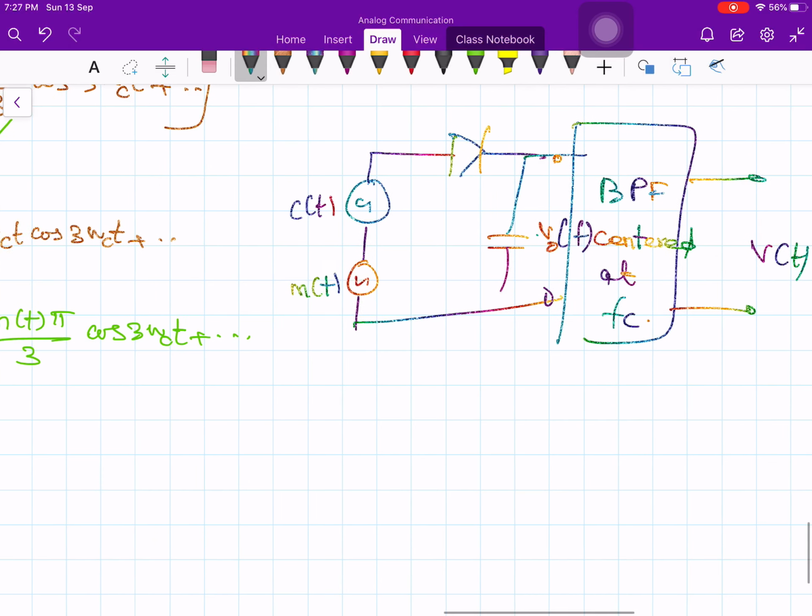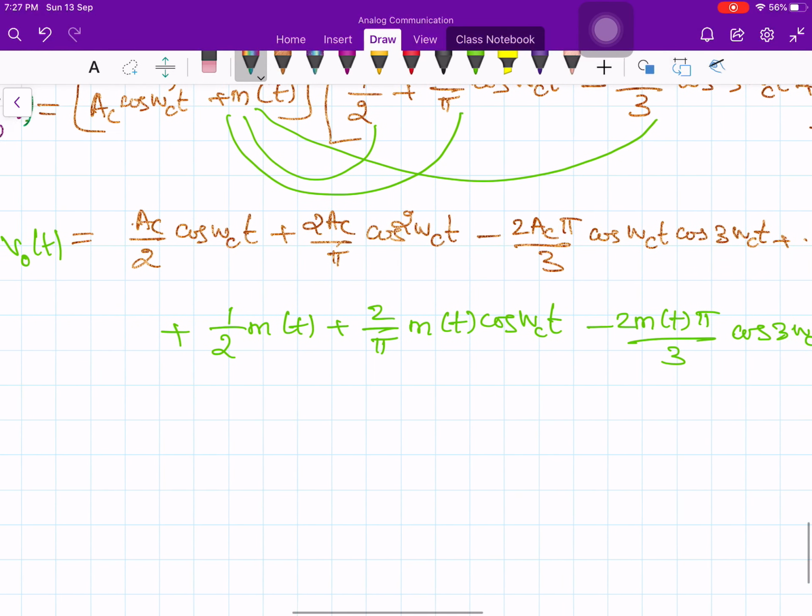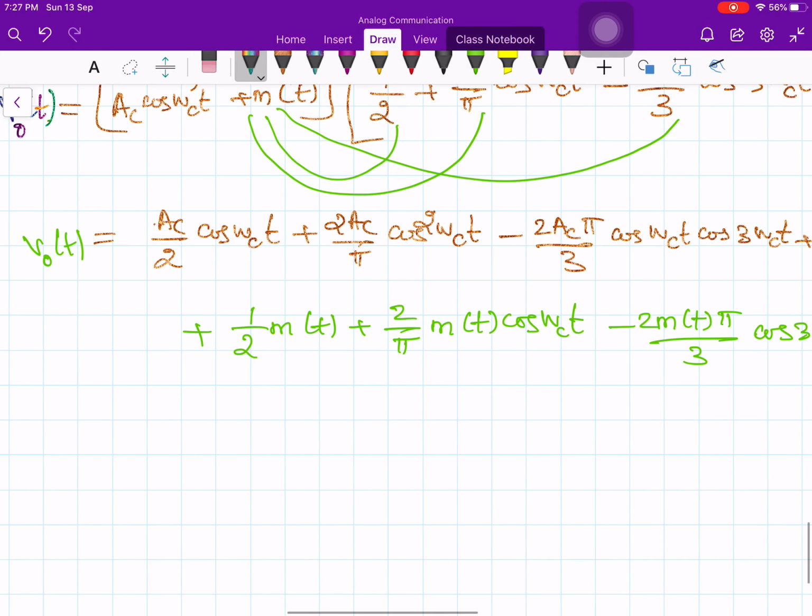Now what happens, this band pass filter allows only cos omega ct terms and the rest of the terms it rejects. The output of the band pass filter is V of t. So now V of t will contain only those terms which are allowed by the band pass filter. Let's say the band pass filter is tuned to pass frequencies in the neighborhood of the carrier frequency Fc.